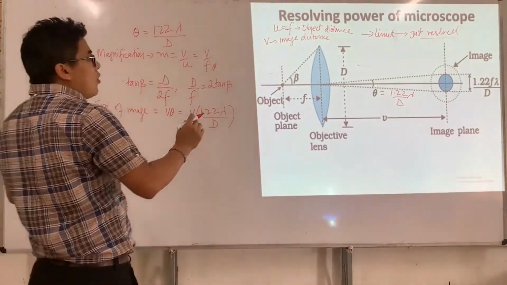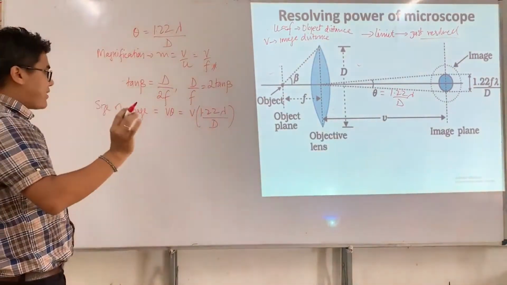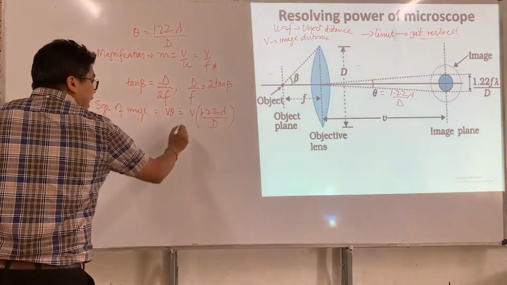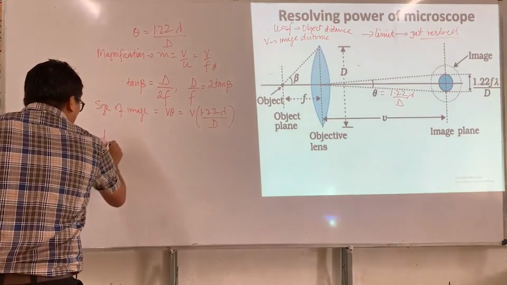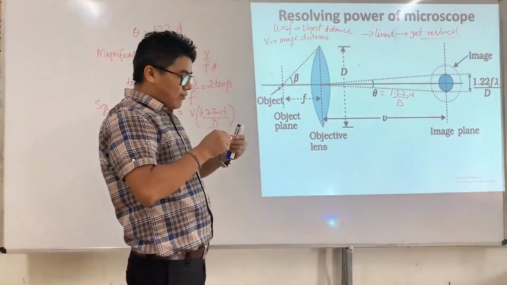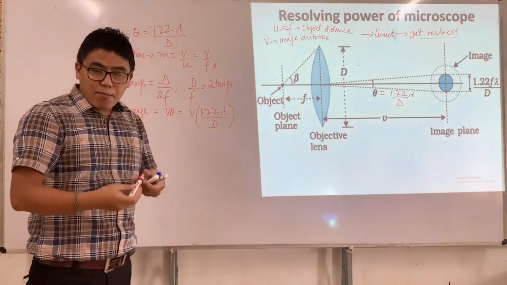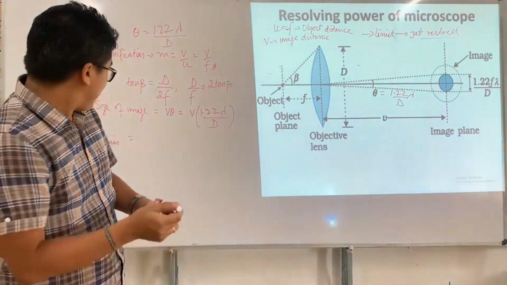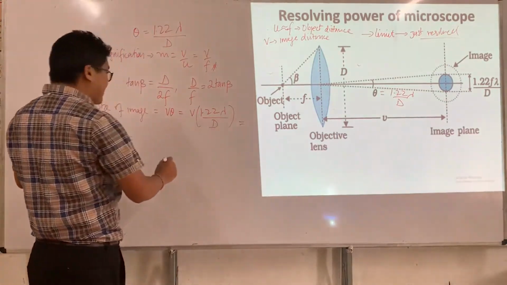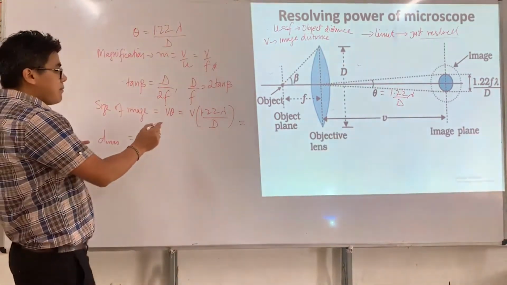Now look at here. What is the size of an object? We would like to define a minimum distance. That is what we call the minimum distance, corresponding to this image, right?